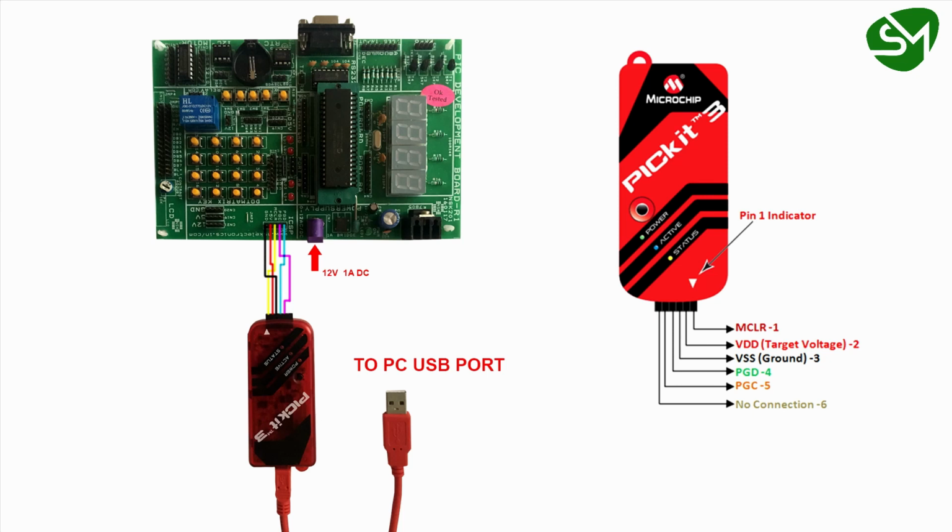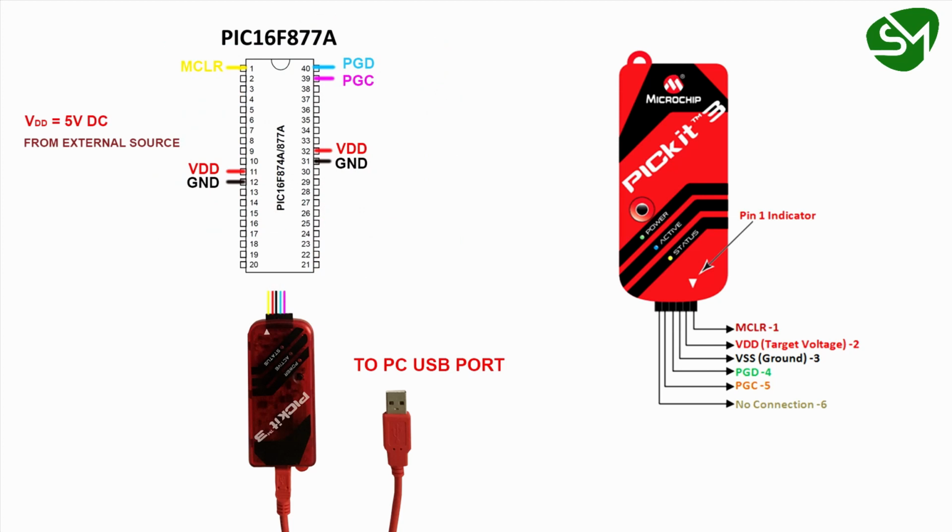If your development board is not showing these pin nodes, or if you do not have a development board, you can connect the terminals of the PICkit 3 to the microcontroller port pins as per this circuit diagram, or you can just build this circuit on a breadboard for programming the microcontroller.